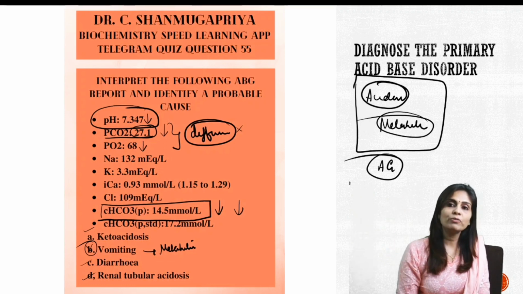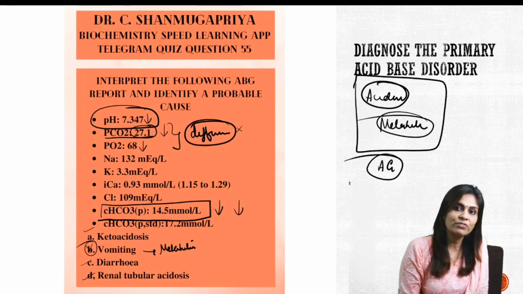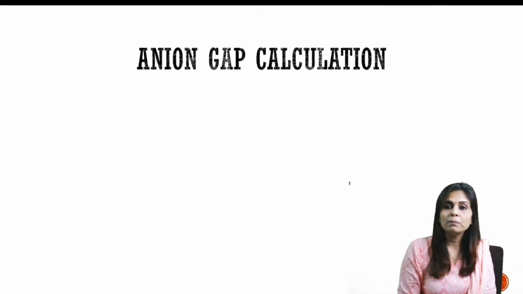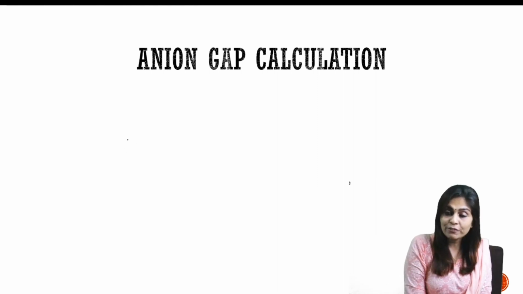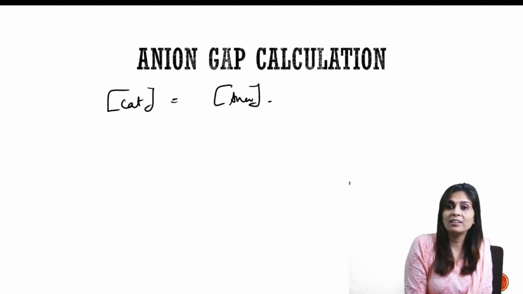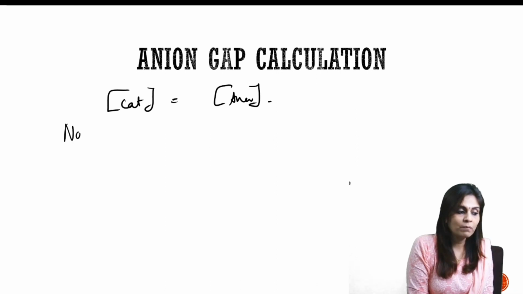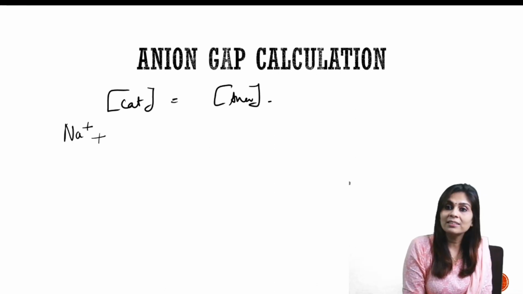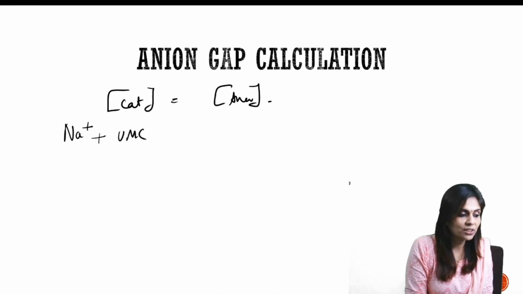Now that it's a case of metabolic acidosis, I'm going to calculate anion gap, but before that I would like to tell you the basis of anion gap. So what is the basis of anion gap? In any physiological solution, sum of cation would be equal to sum of anion. And in your blood, what are the cations? Sodium we know is the major cation, and apart from that I'm going to consider the remaining cations as unmeasured cations.